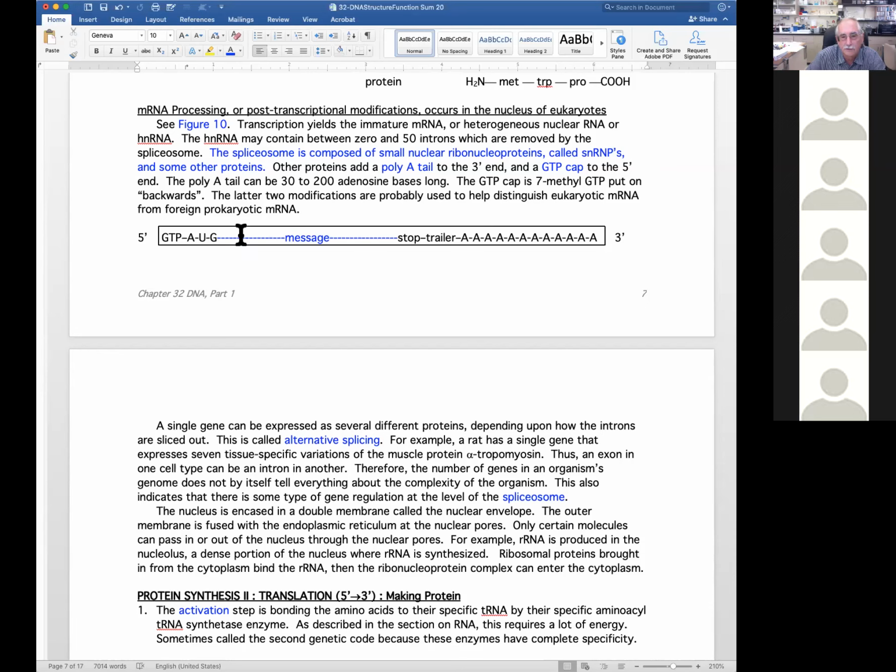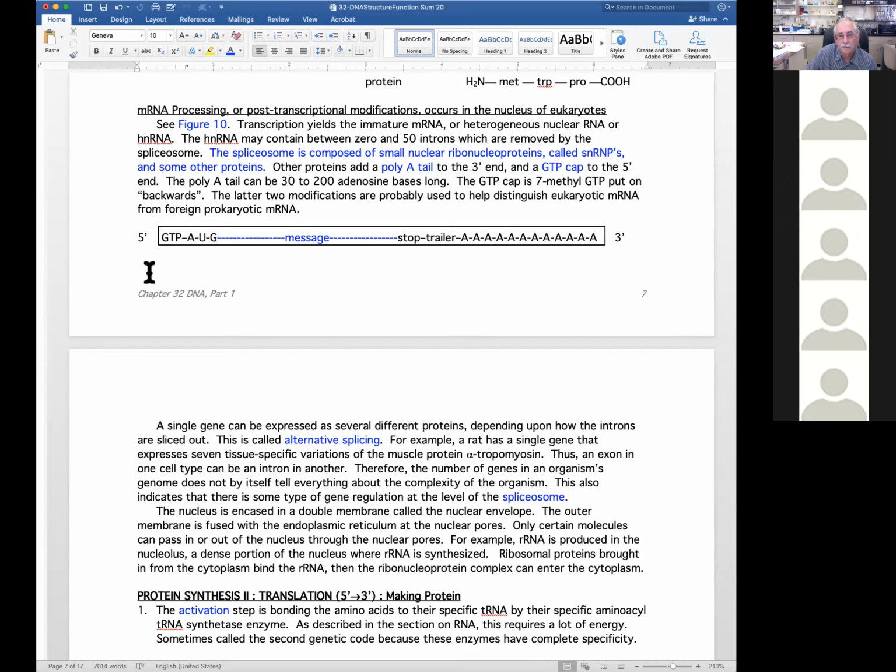They took out the introns already. Here's the stop codon, and after the stop codon is this poly A tail that was put on. And here AUG was the start codon. And then a GTP was put on backwards. It's methylated, so it's not exactly GTP. And this is what works with eukaryotic ribosomes.